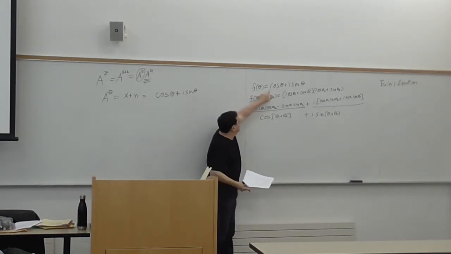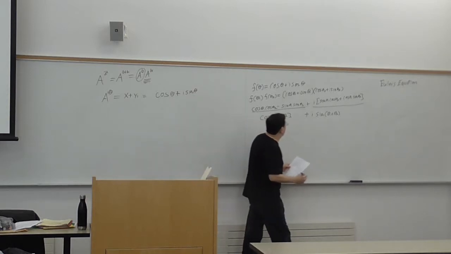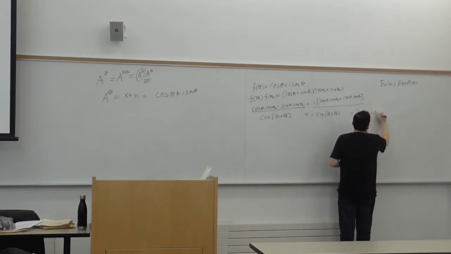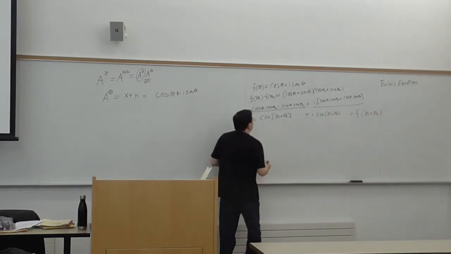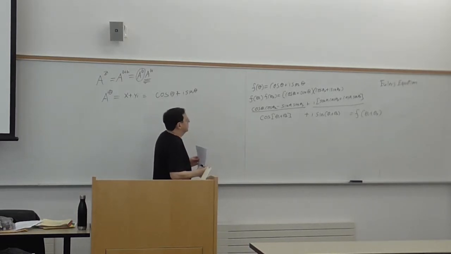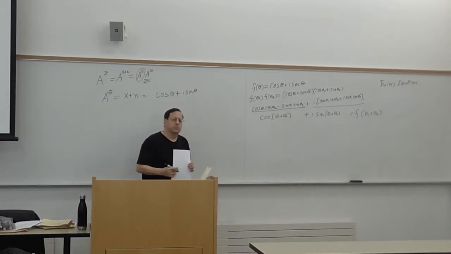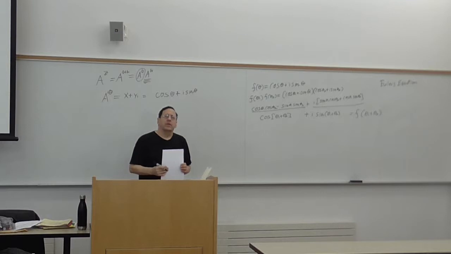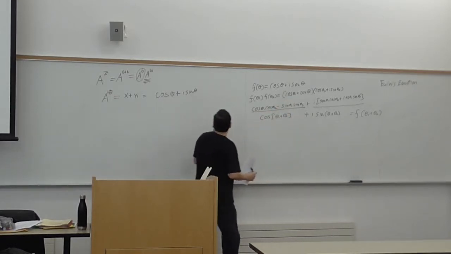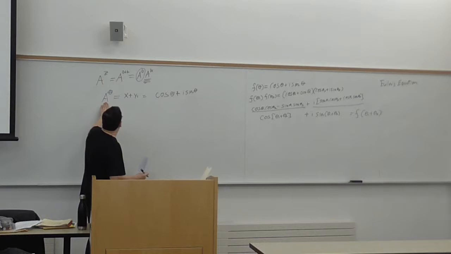So now I'm back in the form of this function, but now what I have is f of theta 1 plus theta 2. That is what I'm proposing as a possible answer to this question, what is A to the i theta.